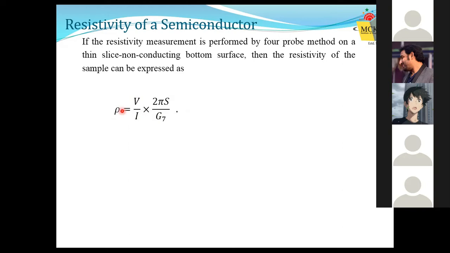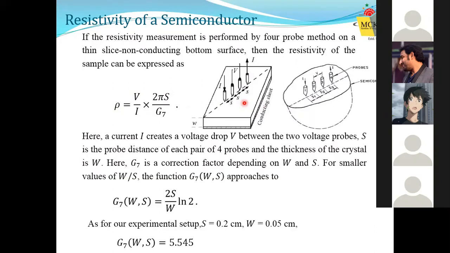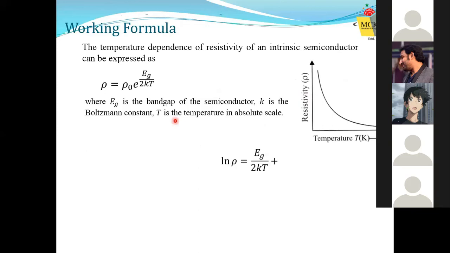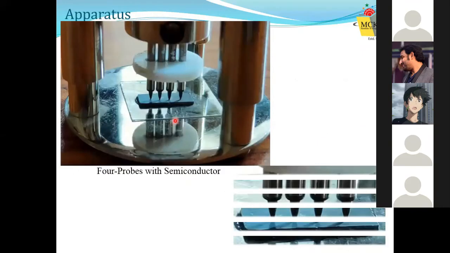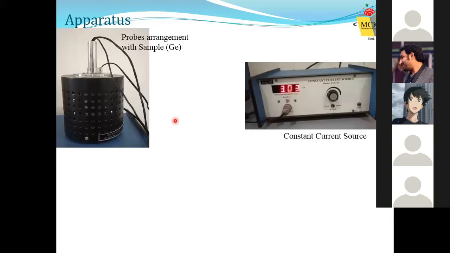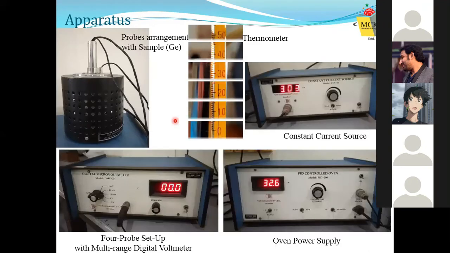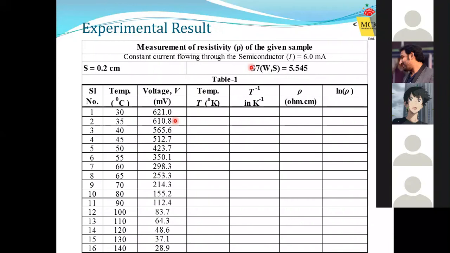So if you look at the table again, let's look at the table again. This is your G7 fixed, current I is fixed, and this is S. You can see the temperature is increasing.